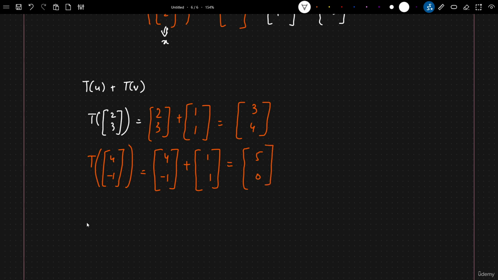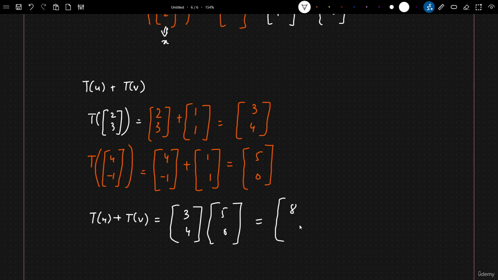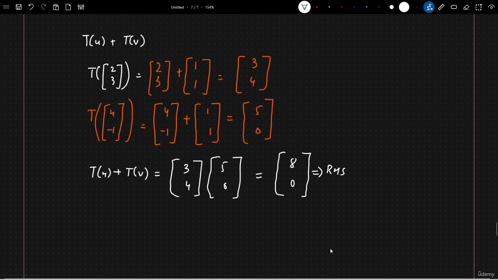So finally, if I do T of u plus T of v, I'm going to get 3, 4 and 5, 0, and finally I'll be getting 8, 0. Now this is my RHS, and obviously, just by seeing this, my LHS is not equal to RHS.